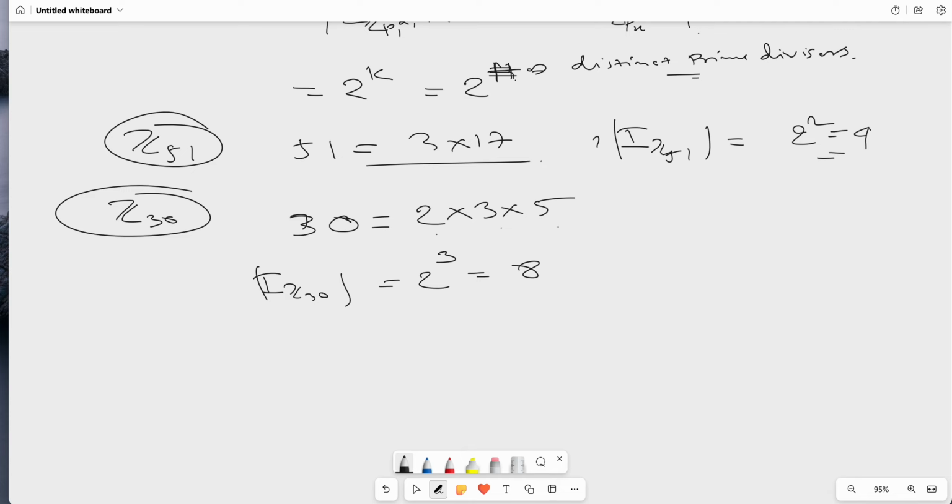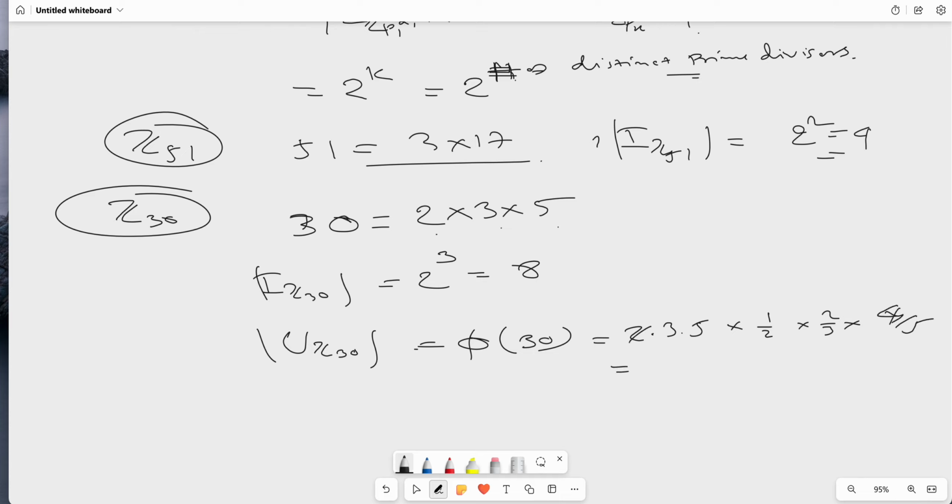Okay, how many zero divisors are there? How many units are there? So units of Z30 is phi of 30, right? What is phi of 30? It is 2 into 3 into 5 into half into 2 by 3 into 4 by 5.